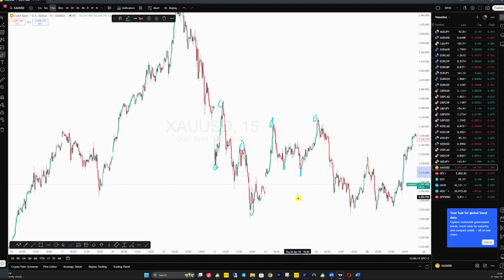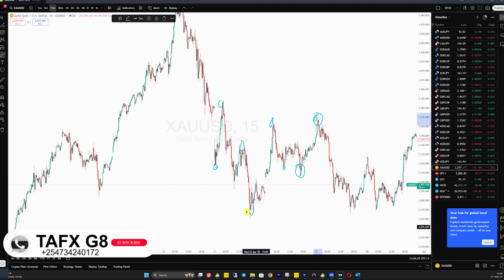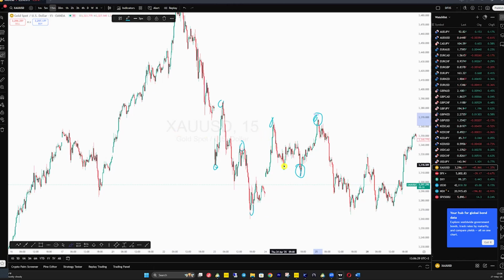And you will ask yourself, how does he come to the conclusion that this is a lower low and this is a lower high? Do they measure by just looking at the chart? And as long as there is a pullback, they will say that this is a lower high and this is a lower low. That's how you will find some of them doing.